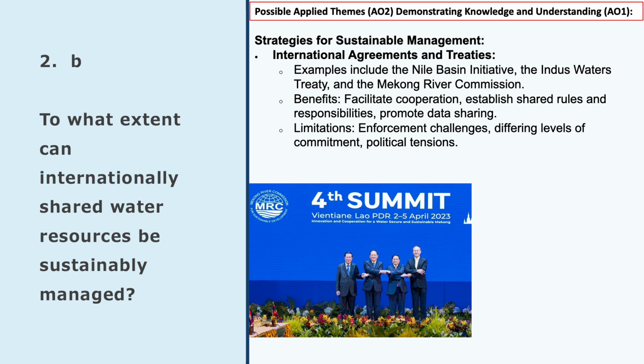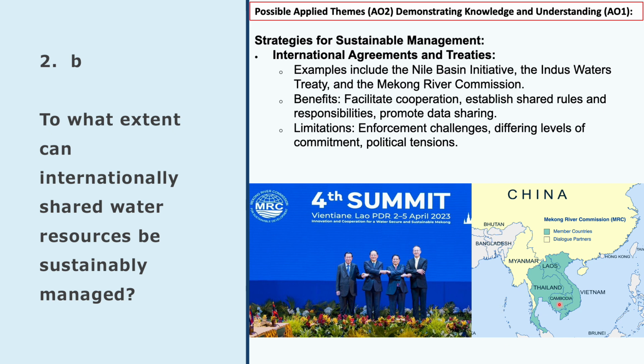So the government of Vietnam has quite a different form of government than Laos, that has a different government than China. And so these political differences might lead to an inhibited ability to actually make decisions along the river.